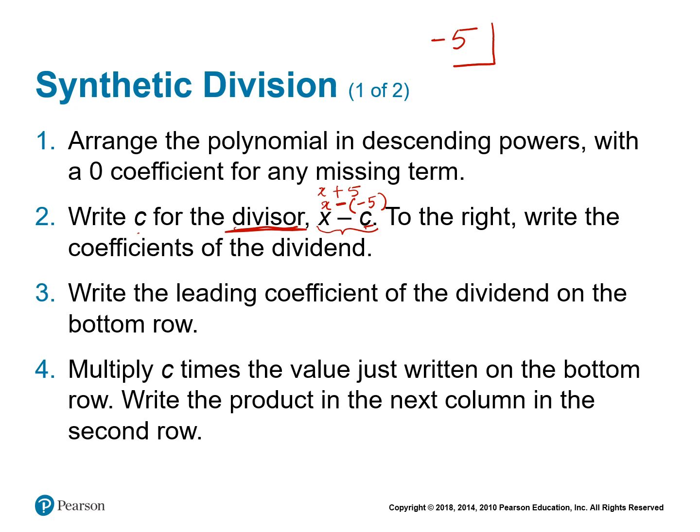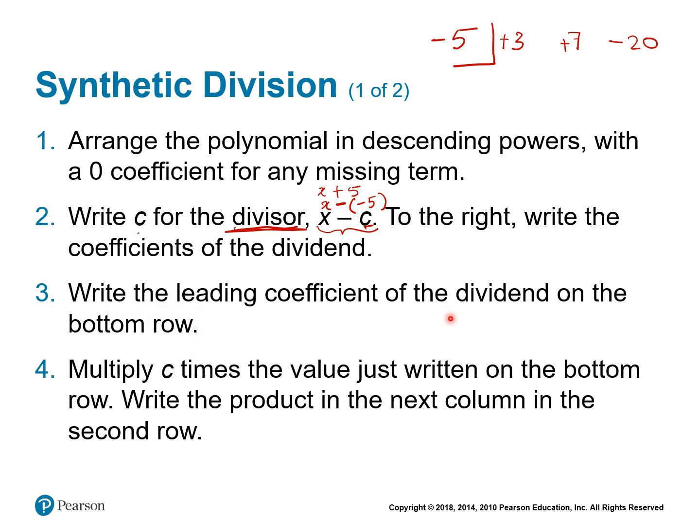So on the right hand side of the separation sign, we had a plus 3, a plus 7, and just to be consistent, let's put the signs, and a minus 20. Step 3 says write the leading coefficient of the dividend on the bottom row.